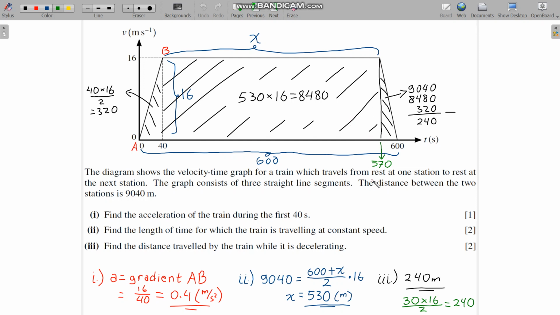We can find the area of the big rectangle here. So the remaining area would be the total area of the trapezium minus triangle minus rectangle, and we get this distance traveled while decelerating.